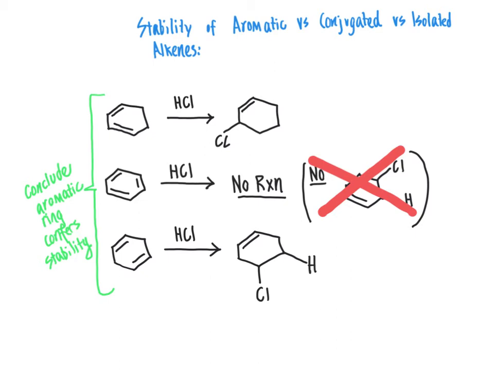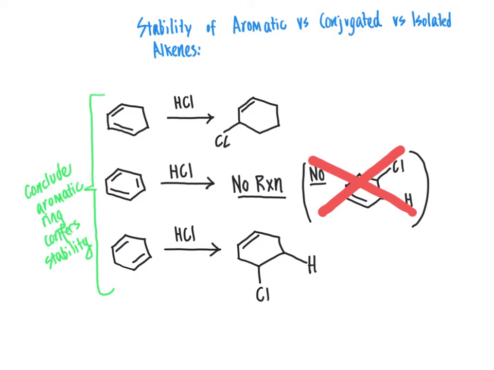Another piece of evidence that we can use to support this notion that the aromatic system is very stable is we can compare the heats of hydrogenation for each of these three types of molecules: conjugated diene, aromatic molecule, and an isolated diene.